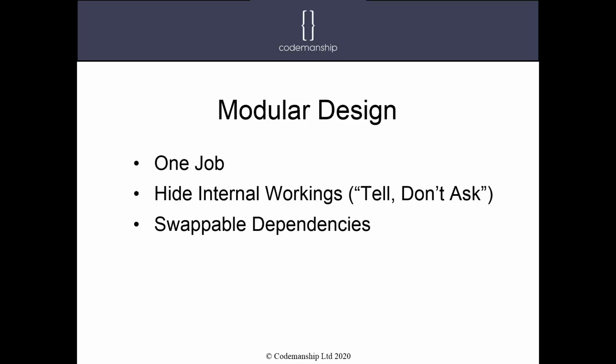It's somebody else's problem. So those often I look as being sort of the three legs of the tripod of modular design. Each module doing one job, each module hiding, encapsulating its inner workings, and each module being swappable or having swappable dependencies, usually by dependency injection. And that gives us enormous amounts of flexibility in our design, true composability and true separation of concerns, which, as we'll see, is useful for all kinds of things.